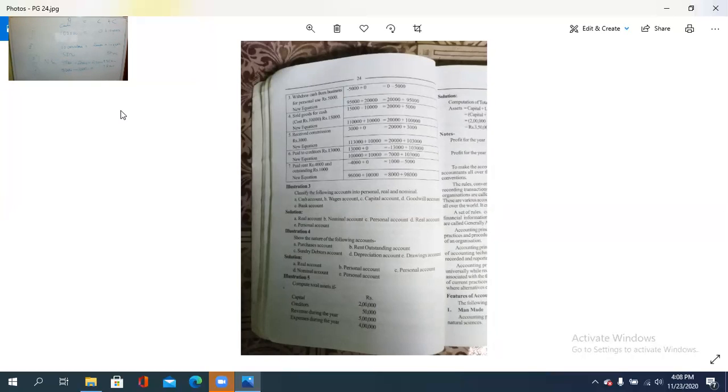So the new equation will be 95 plus 15, that is 110,000, minus 10,000, is equal to 20,000 plus 95 plus 5, 100,000. So 1,20,000 is equal to 1,20,000. Now derive the new equation.